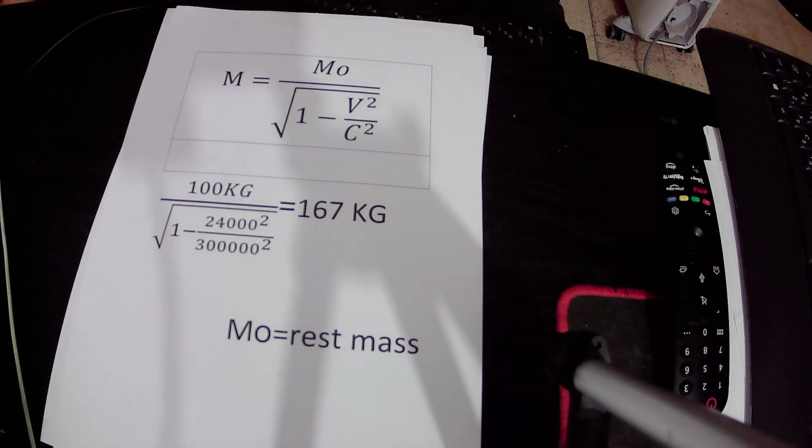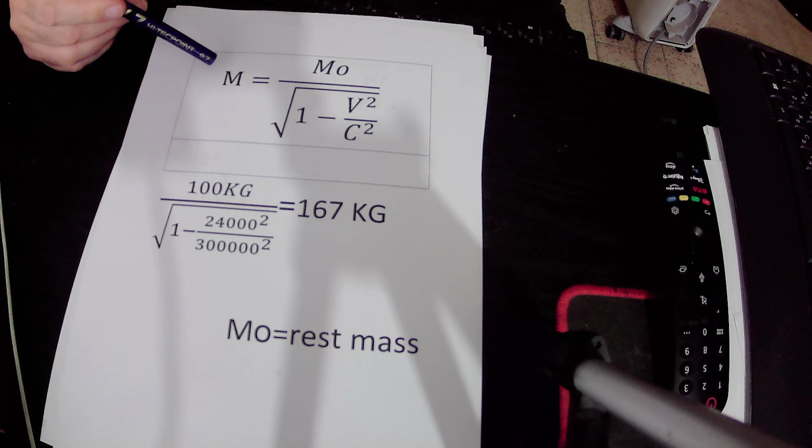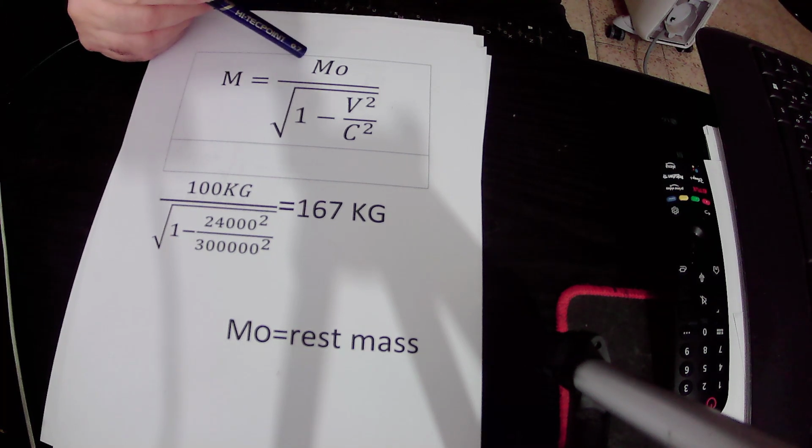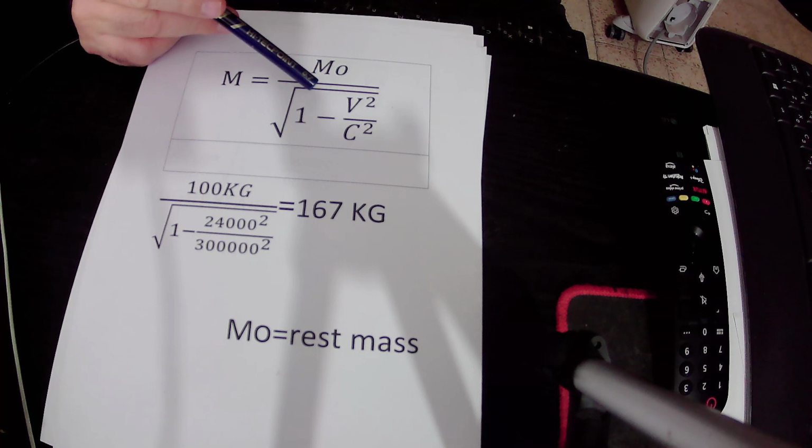Suppose, first of all, the equation for the increase in the mass is m equals m naught divided by the root of 1 minus v squared divided by c squared.